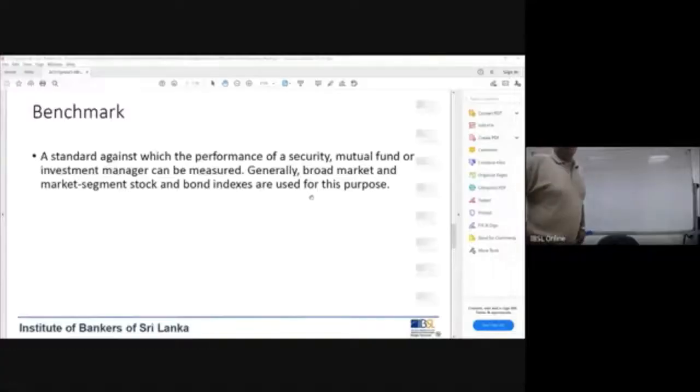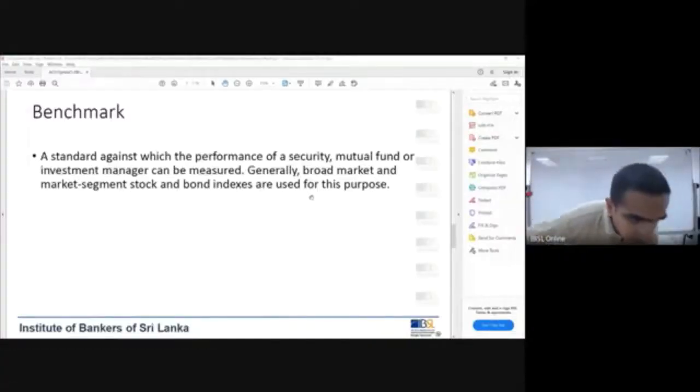Then the benchmark. The benchmark is a standard against which the performance of a security, mutual fund, or an investment manager can be measured.